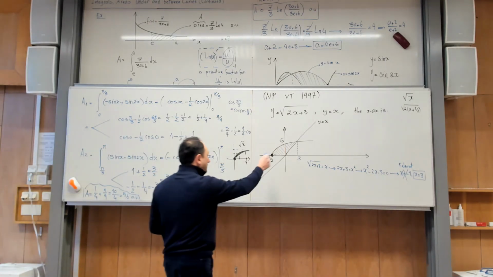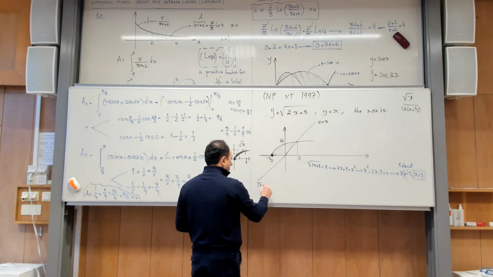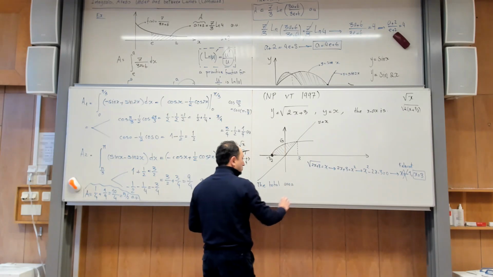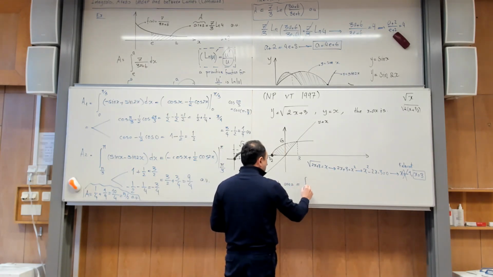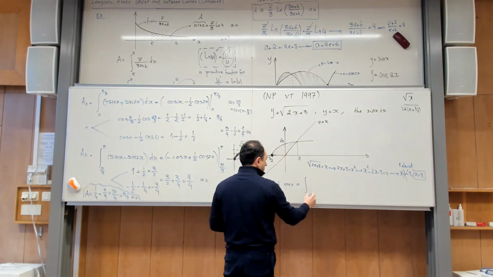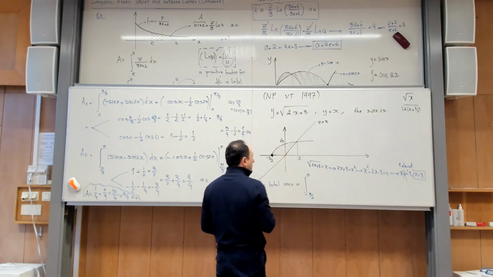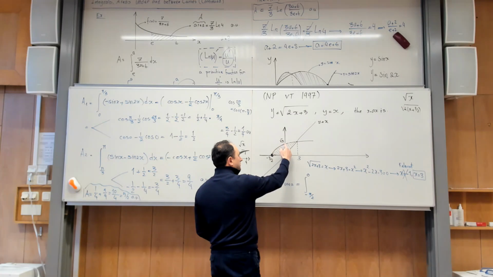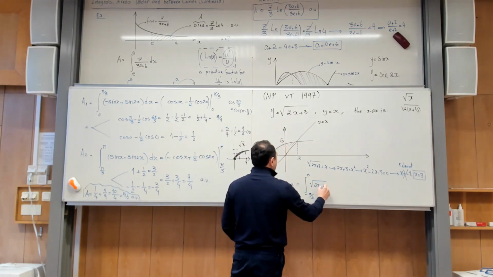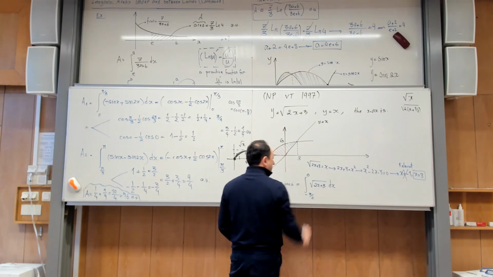If I want to find the total area, what should I do? I should write integral from this number to 0. But for which function? This function. Yes, which is the square root of 2x plus 3 dx.